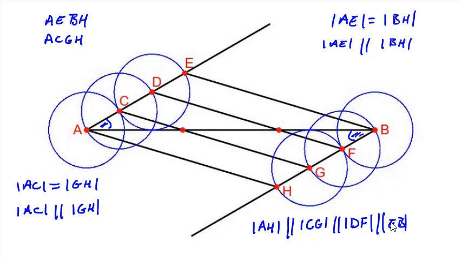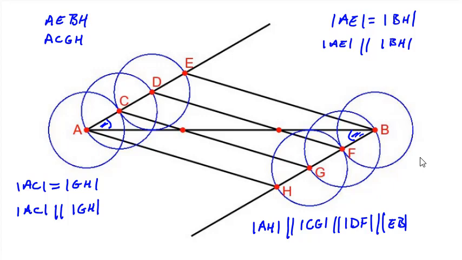Okay? And once we have established that, the rest of this proof follows from Theorem 11 of your Leaving Cert course, and that is one that says if three parallel lines cut off equal segments on some transversal line, then they will cut off equal segments on any other transversal line.